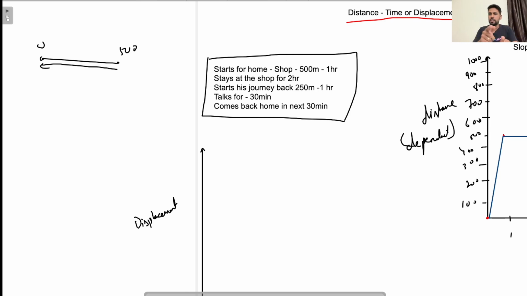But what is my maximum displacement? I should know it because I want to plot the graph. Clearly it is said here that the maximum displacement of this person is 500. So I need not draw an axis more than 500 meter.